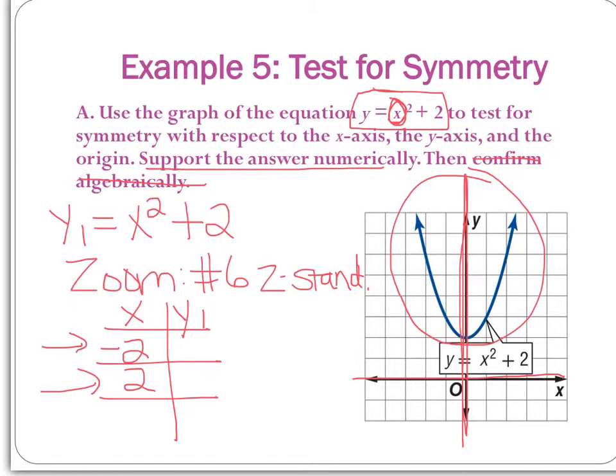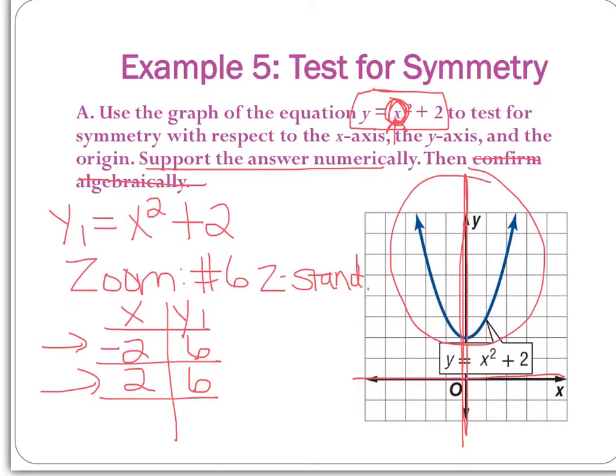You should get 6 here and 6 here. At -2, 2 squared is 4, 4 plus 2 is 6, and if you plug in +2 for x, you get 2 squared, which is 4, plus 2 is going to give you 6.